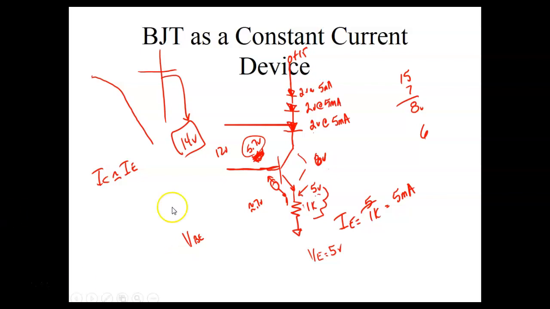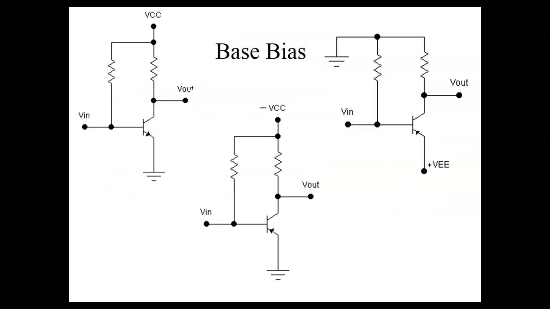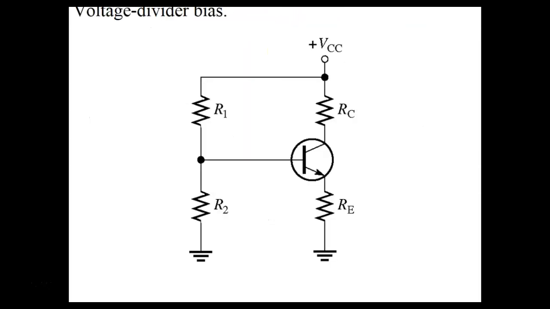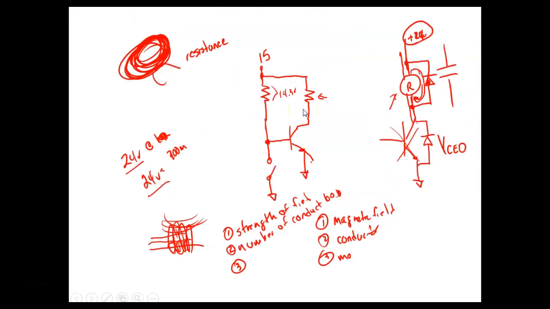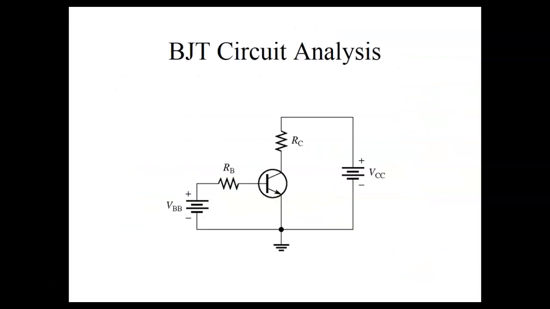Anyway, guys, the next thing we'll look at is voltage dividers. We'll look at the different ways we can bias from a single voltage. The problem with this arrangement right here is that it requires two supplies.